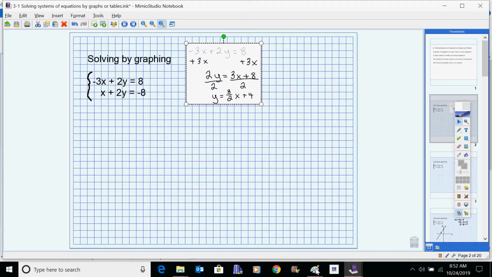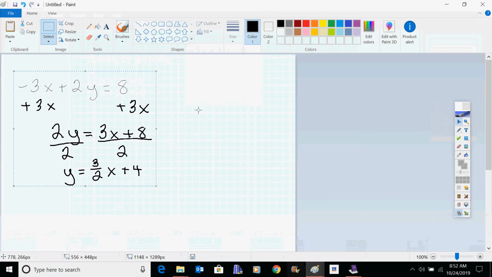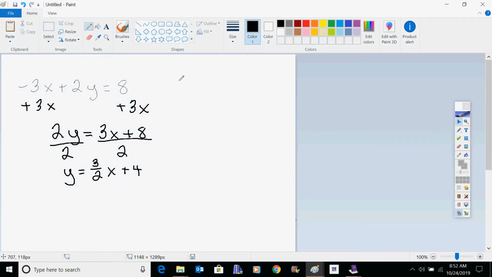So we'll go back over here where I can write more efficiently, and I'm doing x plus 2y equals negative 8. And so our process is we need to do what? Good. So we'll subtract the x. 2y equals negative x minus 8.